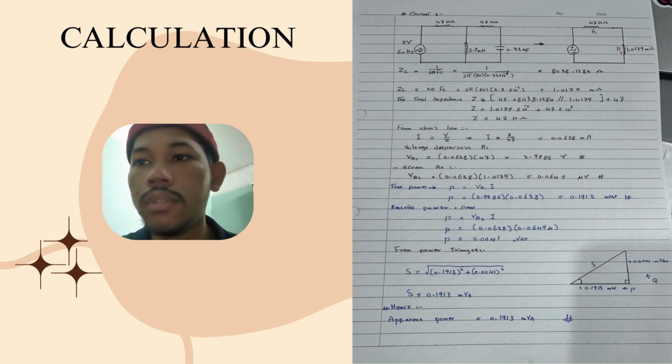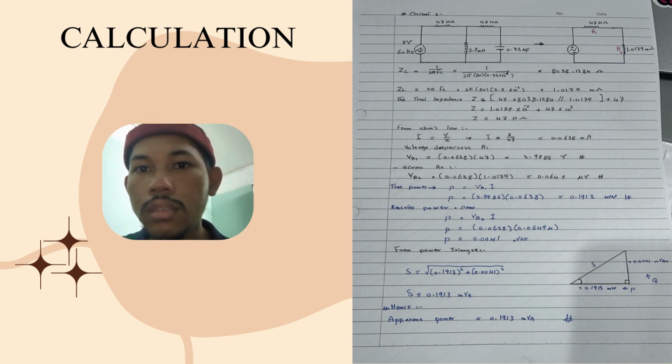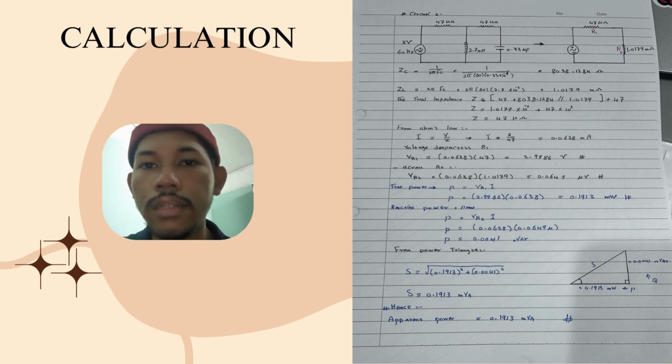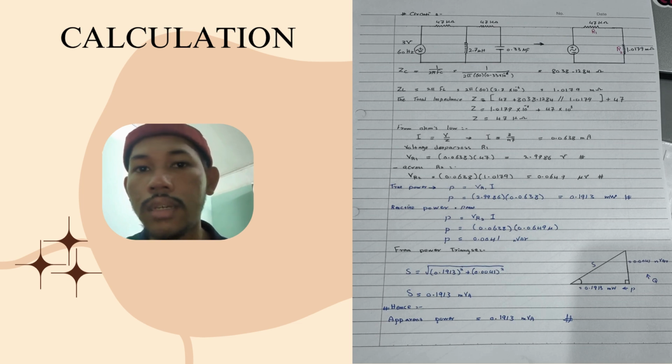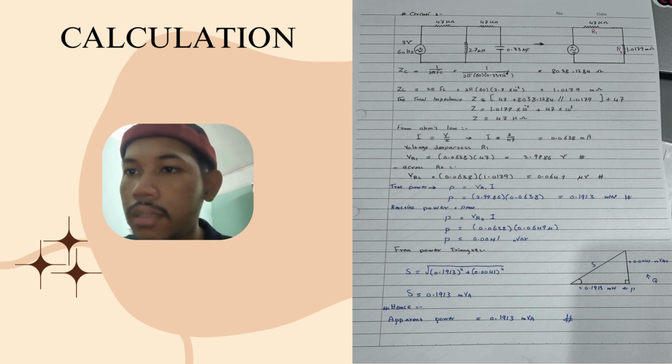Then we get a value of 47k ohms. Then step 4, calculating circuit current using Ohm's law, with V equals 3 volts. We can calculate I equals 3 over 47k equals 0.0638 milliampere.